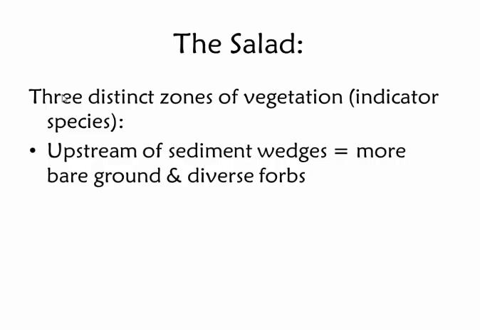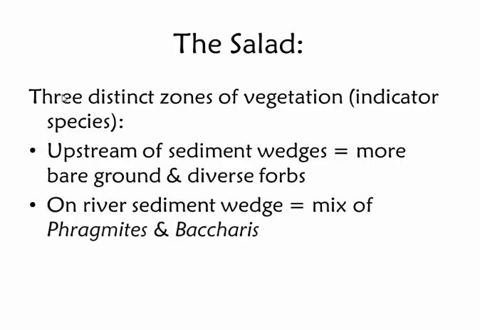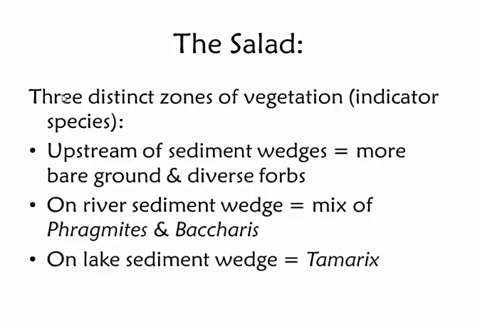Upstream, where we have no obvious sediment aggregation, the vegetation is a little more diverse, more diversity of forbs, a lot more open bare ground. The river sediment wedge, just downstream of Sicorn Gulch, has a unique mix of Phragmites and Baccharis. Those are the indicator species for that sediment type. And then once you get further down, and primarily on lake sediment, it's a tamarisk-dominated vegetation type.